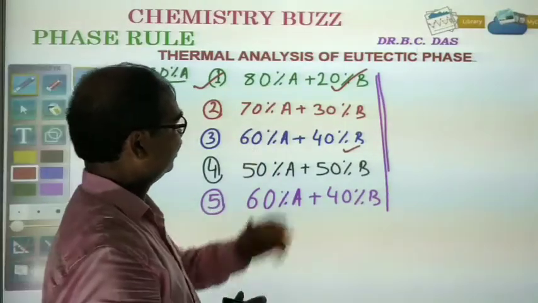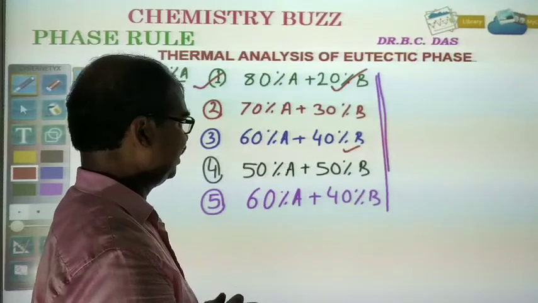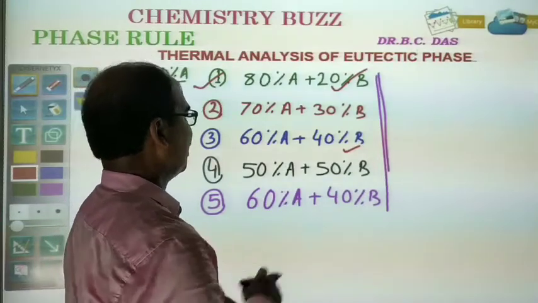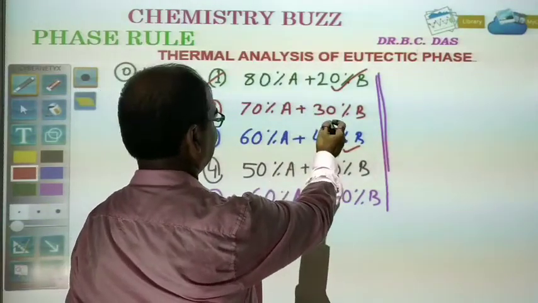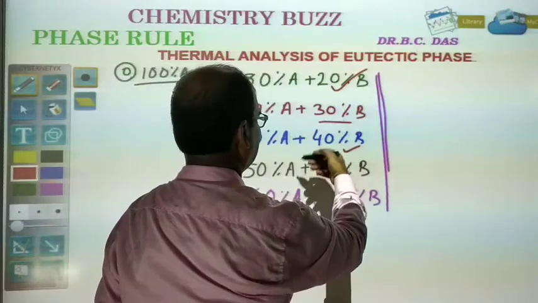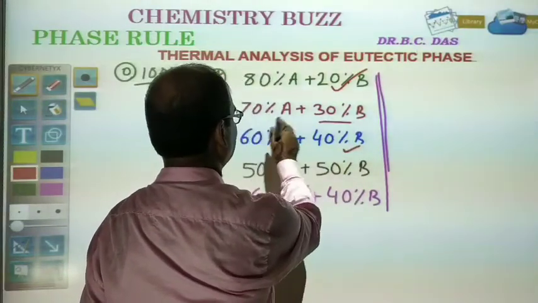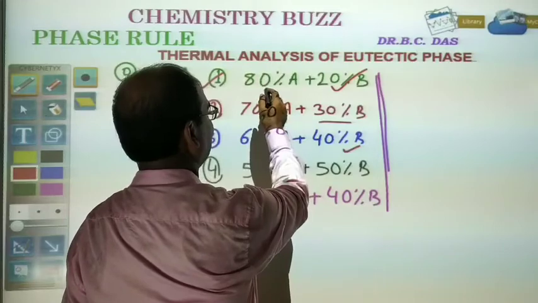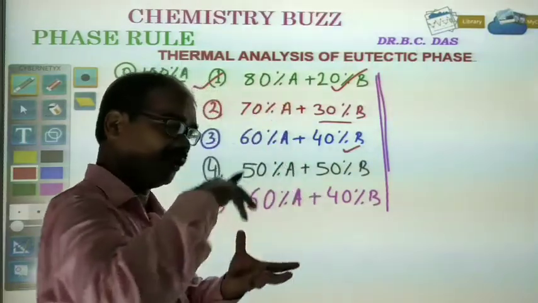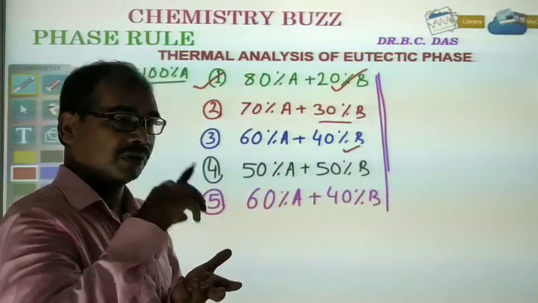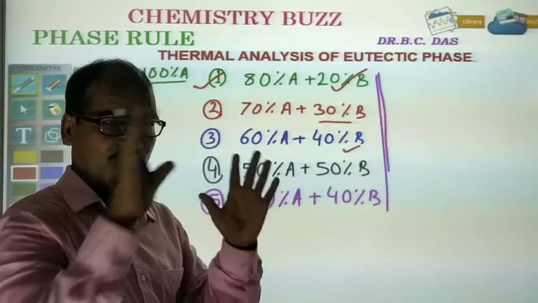By calculating the amount of B required to get 30% B and 70% A, the amount of A is constant. So we have to add an amount of B, so the total amount will increase.